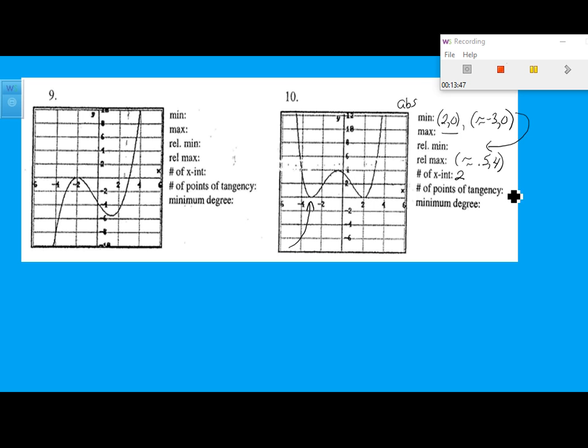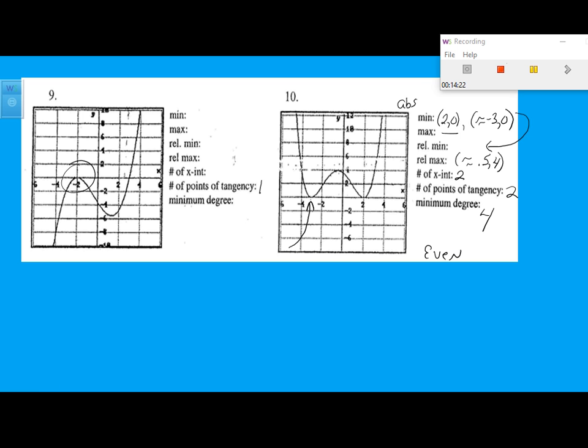So this graph has 2 points of tangency. If we look over on number 9, it has 1 point of tangency. Now the minimum degree of this, I know it's got to be even because the branches are both up. And I've got 1, 2, 3 turning points. 3 plus 1 is 4. So there we've got that now.